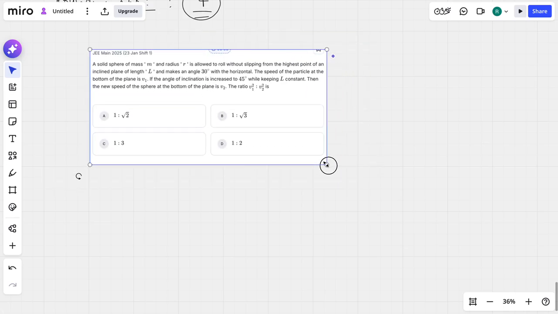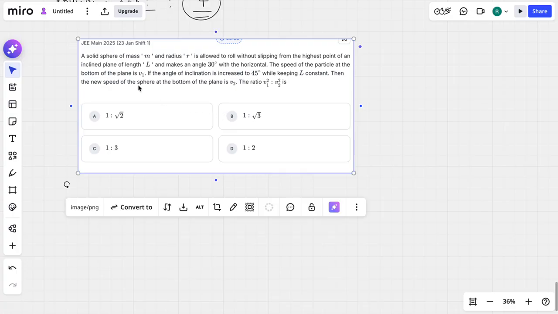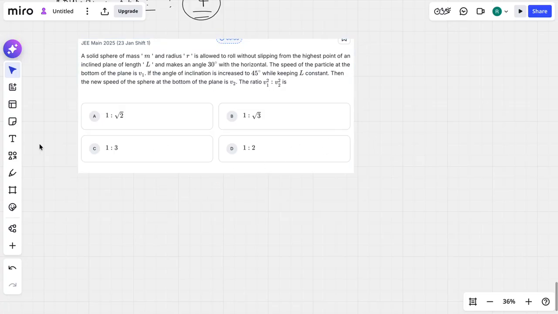Let's read this question. In this problem, it is given that a solid sphere of mass m and radius r is allowed to roll without slipping from the highest point of an inclined plane of length L and makes an angle 30 degree with the horizontal. So let's draw our diagram.